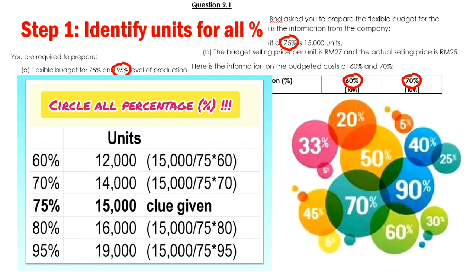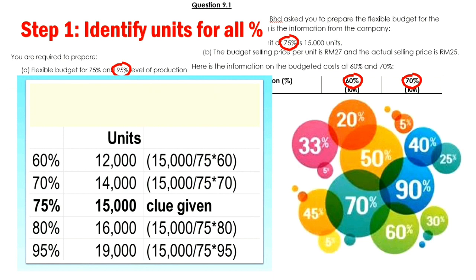Within this question, there is one clue given to us under information A, which is that 75% is at 15,000 units. Look at the table here. 75% is 15,000. With this clue, can we identify how many units are produced at 60% level, 70% level, 80% level, and 95% level?